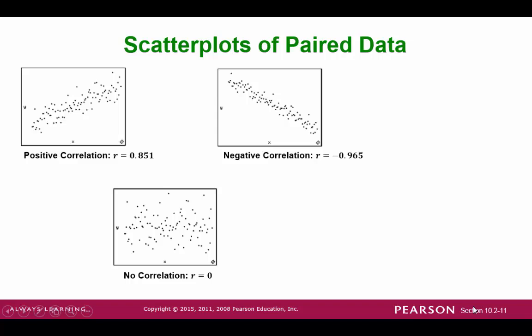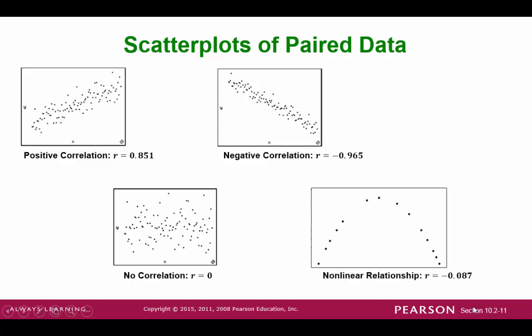When your data seems to not follow a line, then your correlation coefficient would be 0 or close to 0, and then we would say that we don't have correlation in this case. And remember that we are only measuring the linear correlation or the linear relationship.